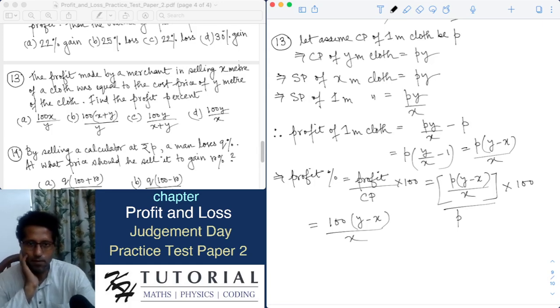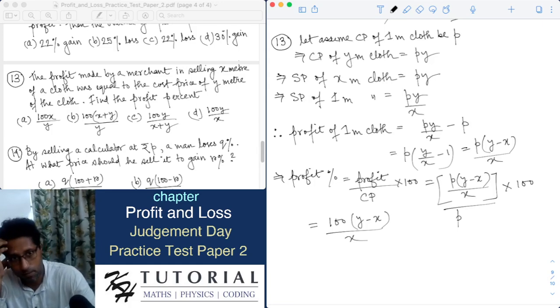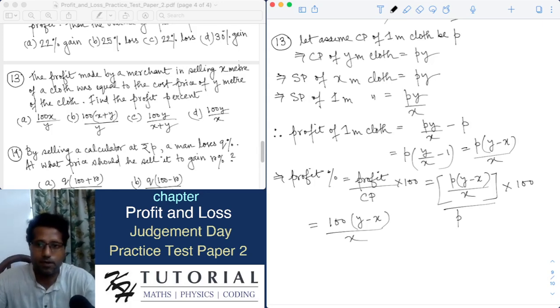The profit made by a merchant in selling X meter of a cloth was equal to the cost price of Y meter of cloth. Oh, sorry, the profit, not the selling price. So Py is the cost price of one Y meter cloth.